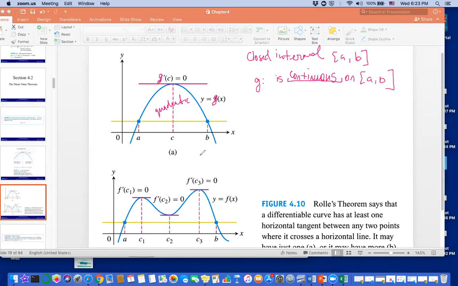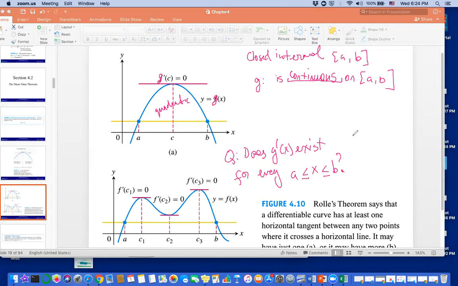Not true? Question: does g prime of x exist for every x between A and B?